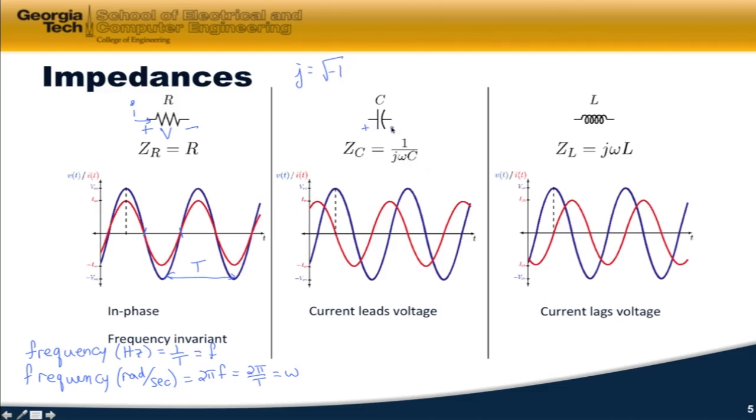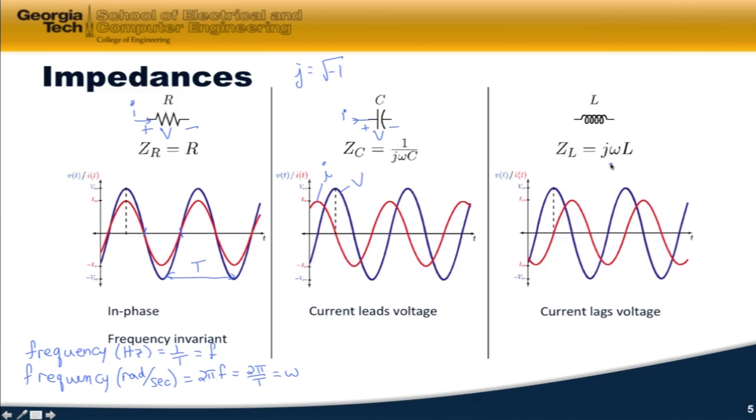So if I define my voltage this way and my current going in this way, I can represent for sinusoidal voltage, my steady-state current looks like this. Notice that the current, this being the current I, and the voltage V, the current leads the voltage. Leads means it comes before. So it comes before this. So that's my impedance for a capacitor.